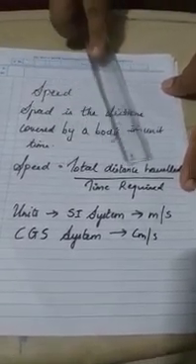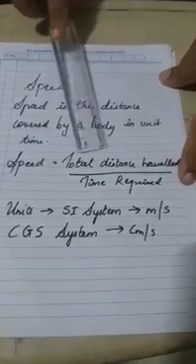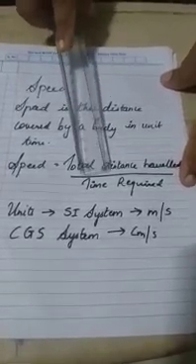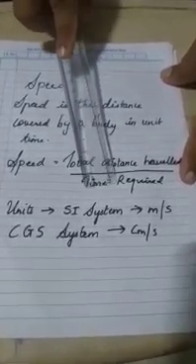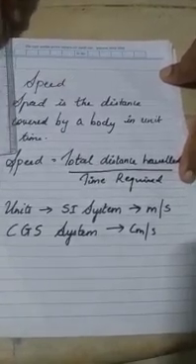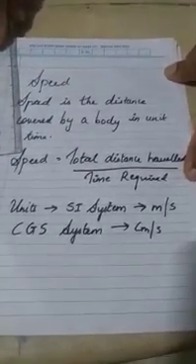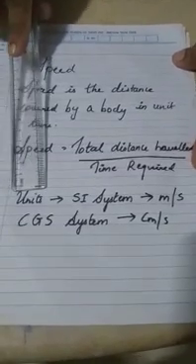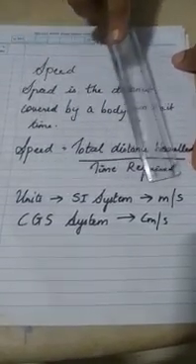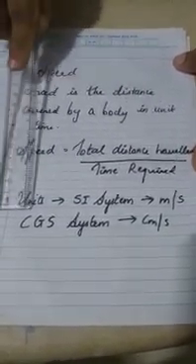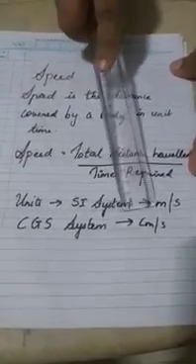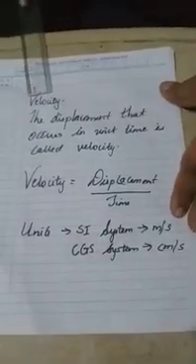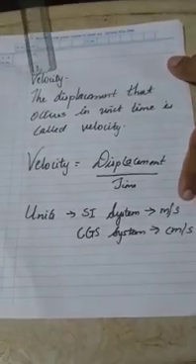So total distance, we add it and how much time was required we find, and then we divide it, we get the speed of the object. The units used for speed are, in SI system, meter per second, and in CGS system it is centimeter per second. The next concept is velocity.